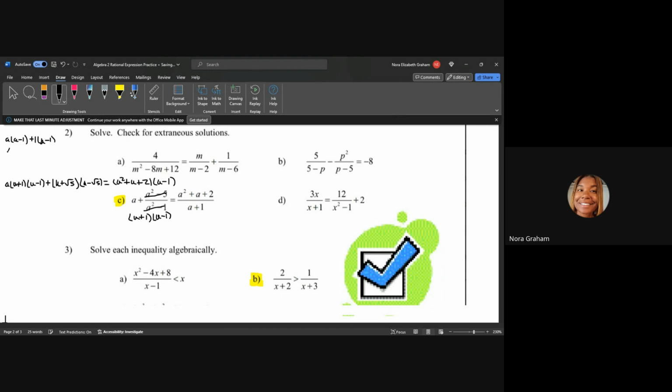So then when I distribute that through, I'll get a squared minus a plus a minus 1. But this turns out to just be a squared minus 1. So I can write this as, oh, and then I have to multiply this a through it.